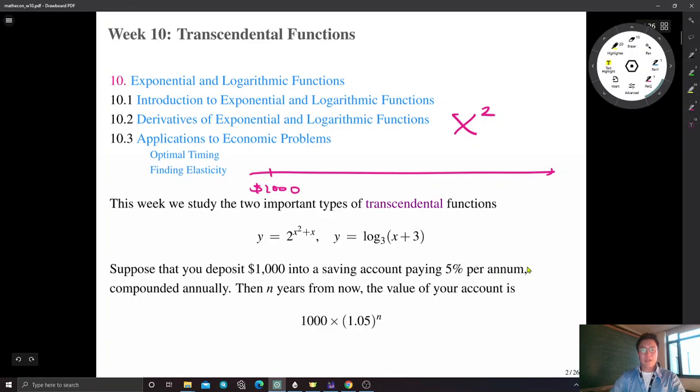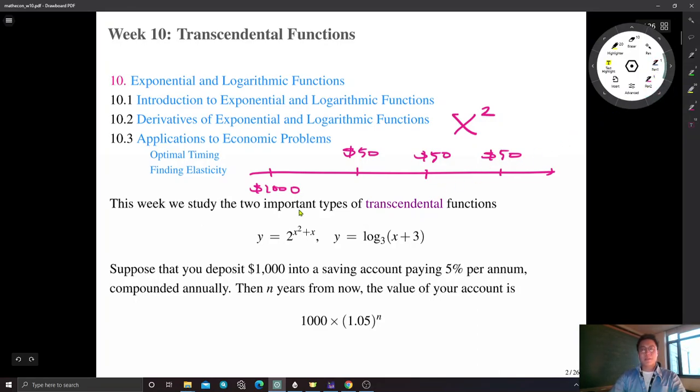That means at the end of each year, you can earn $50. So the bank pays you $50 for the interest on your deposit. So after 1 year, the value of your account, $1,050. In 2 years, $1,100. In 3 years, $1,150, and so on. So that increases proportionally or linearly.